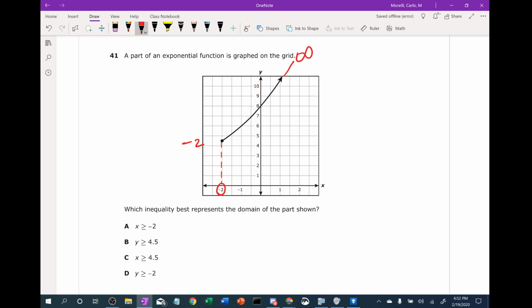So I would say the domain is all real numbers greater than or equal to -2. So the way they want you to write it here is x is greater than or equal to -2.